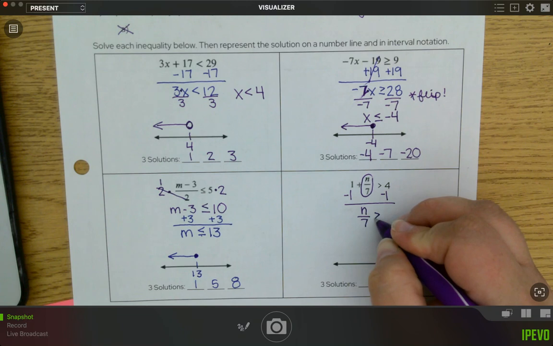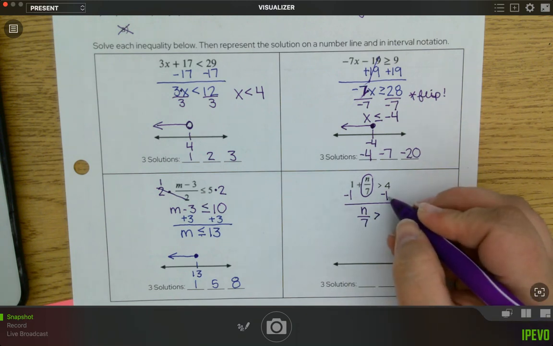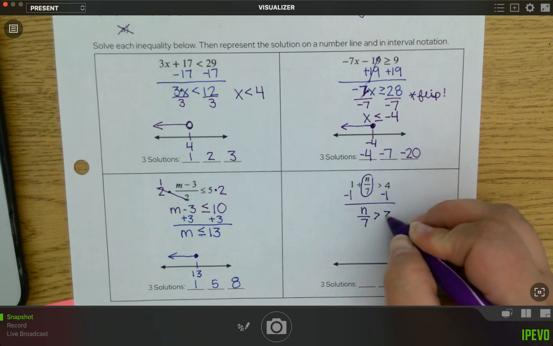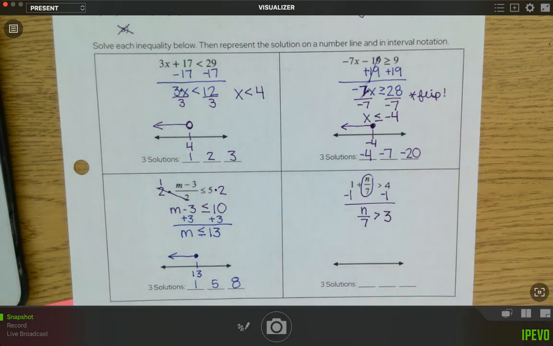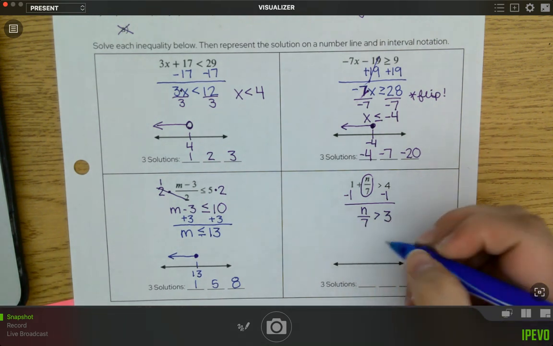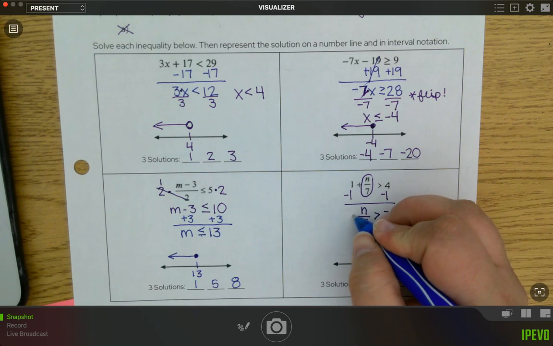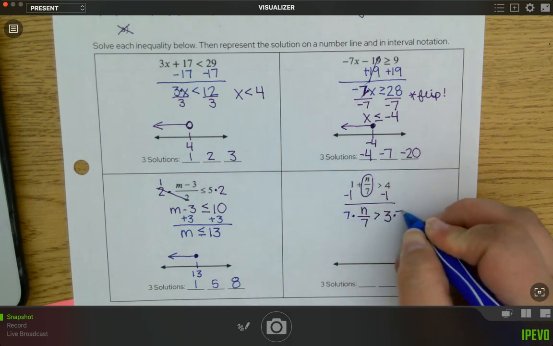Keep the same symbol, because I'm subtracting. The rule about flipping only applies to multiplication and division. 4 minus 1 is 3. Then you multiply by 7, because this is n divided by 7, so you multiply to get rid of it.